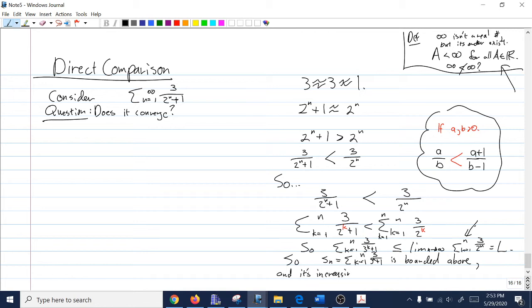Well, the term after it is the last term plus 3 over 2 to the k plus 1. So S(n+1) minus Sn equals 3 over 2 to the n plus 1, which is positive.